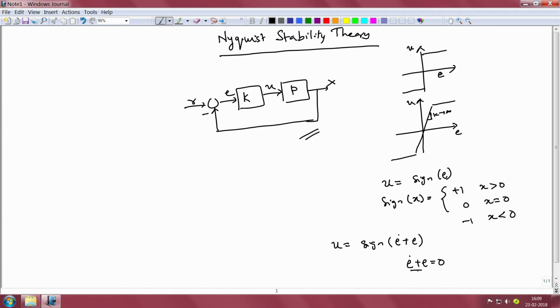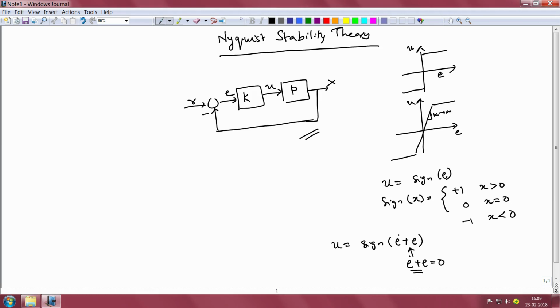Now this particular term that we have inside the signum function is a choice of the control designer, and we choose such a dynamic function of the error that it is stable and the roots of this characteristic polynomial are sufficiently fast for the error to decay down quickly.